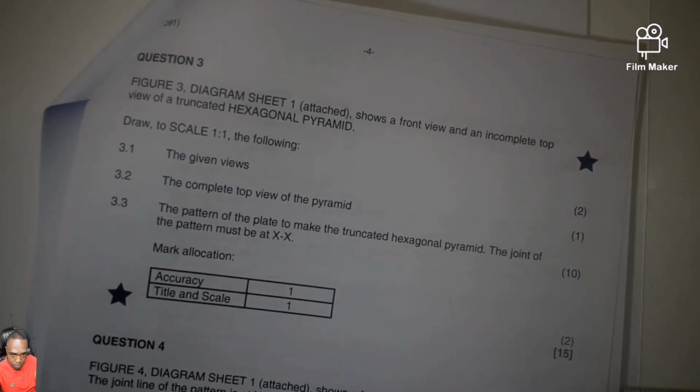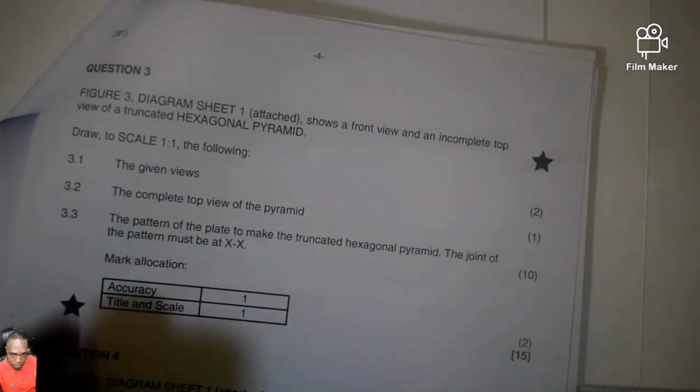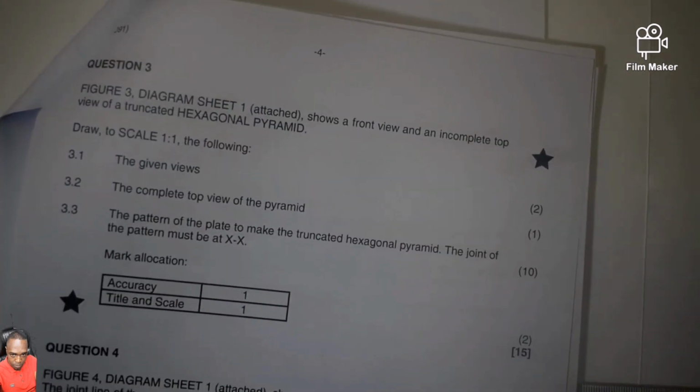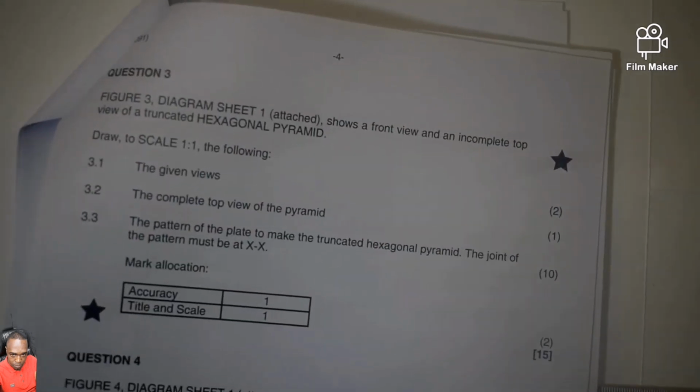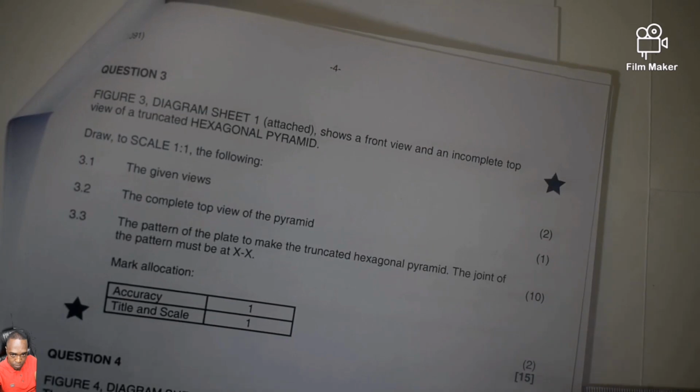Question 3, figure 3, diagram sheet 1 attached, shows a front view and an incomplete top view of a truncated hexagonal pyramid. It's truncated. Draw to a scale of 1:1. Draw the given views, you'll be given 2 marks.